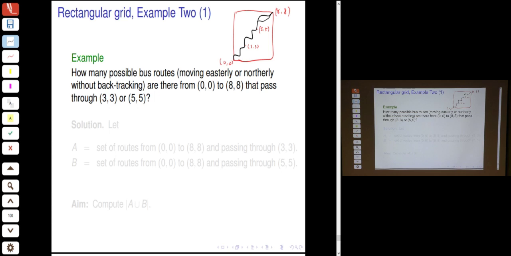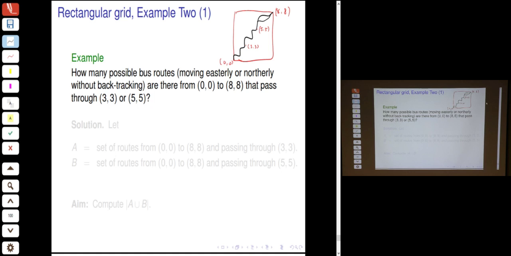The problem is, you want to go from 0,0 to 8,8, but the condition is that when you walk, you have to go through one of these two points. So you go through 3,3, or you go through 5,5. Sorry, maybe the picture was misleading.